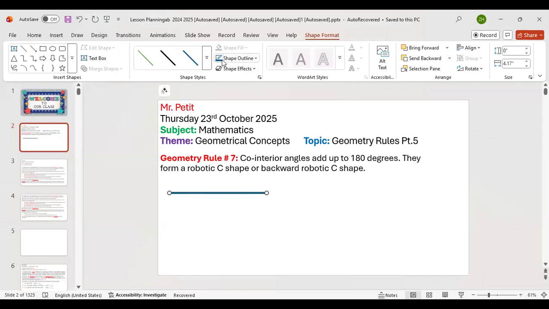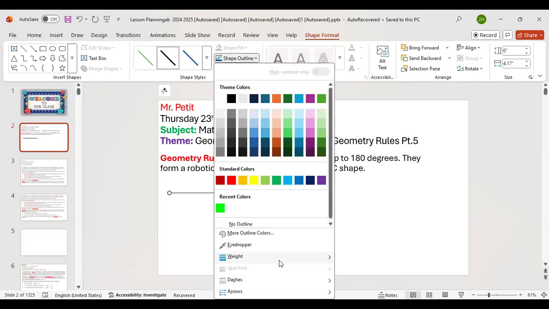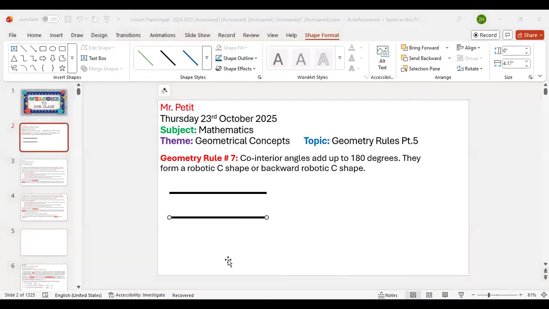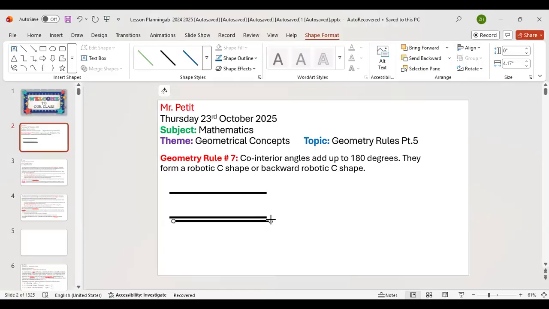Let's put this in a block. And then we have this other one. What could we say about these two lines? They are parallel. Very good. So these two lines are parallel.